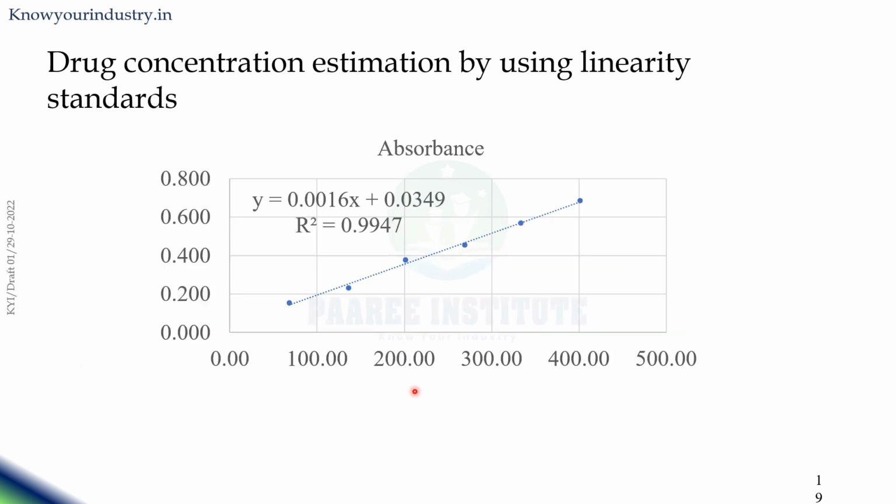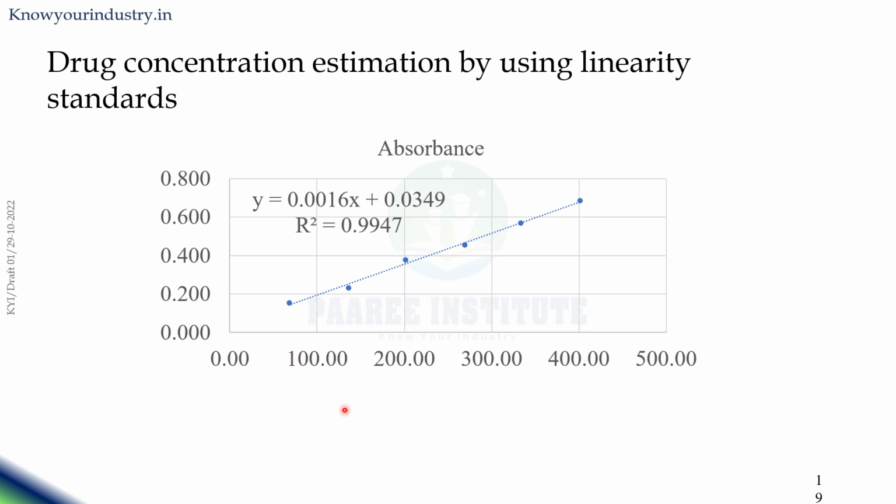So when you plot the absorbance here on the y-axis and the concentration on the x-axis, each concentration will give the absorbance like this, and you put a trend line or the linearity curve here, which will give you the equation. By using the equation, you can calculate the drug content, unknown drug content from the unknown sample.